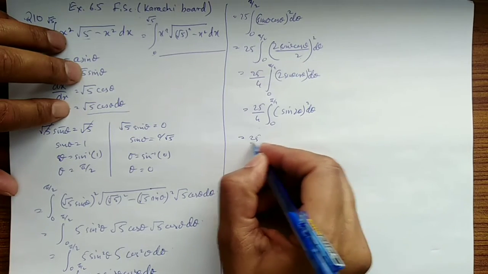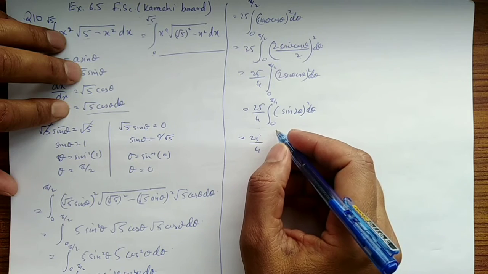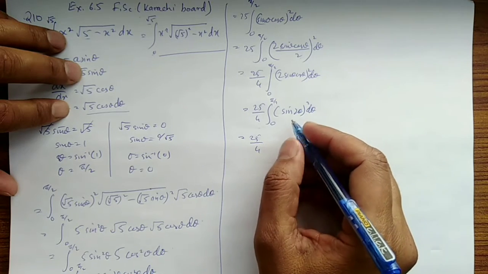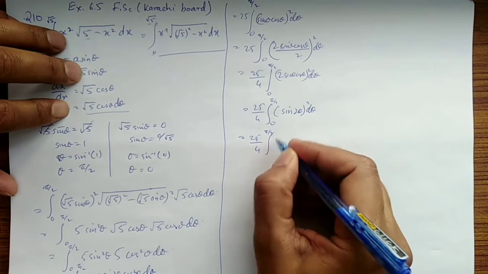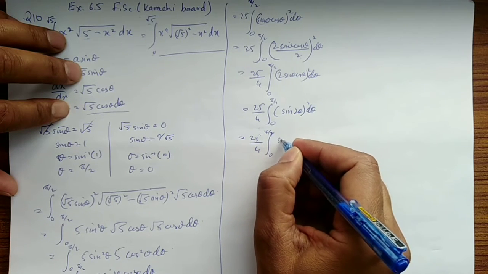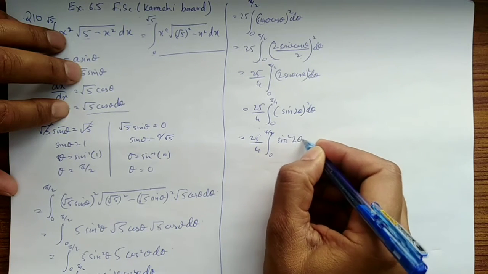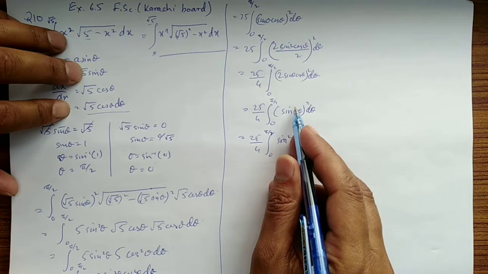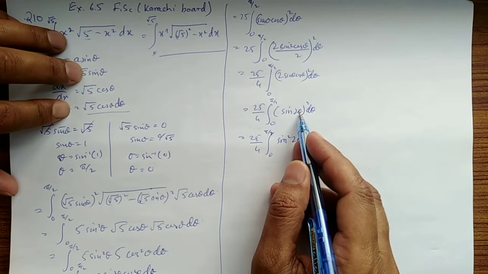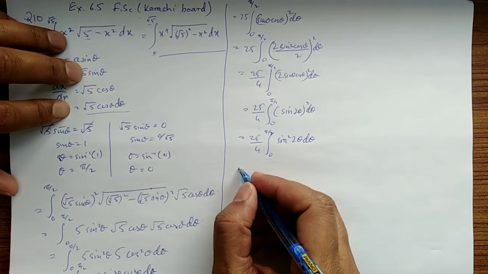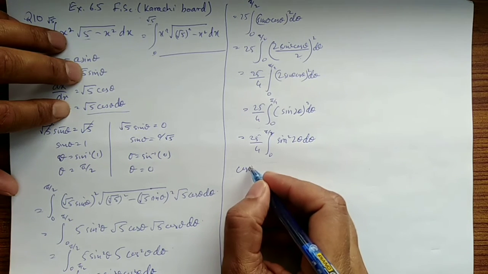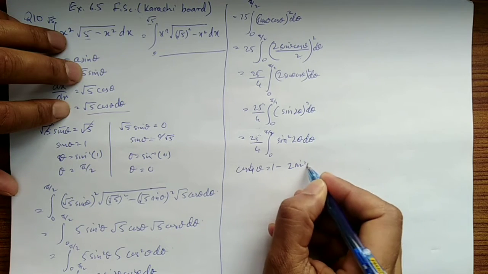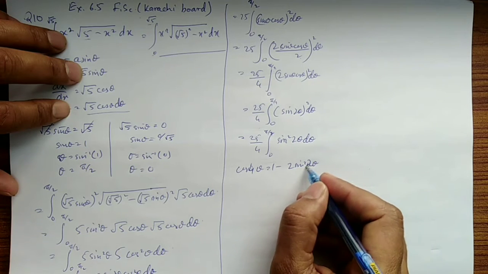And 25 upon 4, if we apply this square inside, this can be written as the integral from 0 to pi upon 2 of sine square 2 theta d theta. So keep in mind this square is applied on sine, and also on 2 theta. So we know that cos 4 theta is equal to 1 minus 2 sine square 2 theta, right?